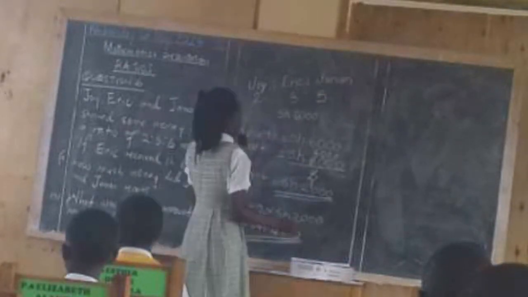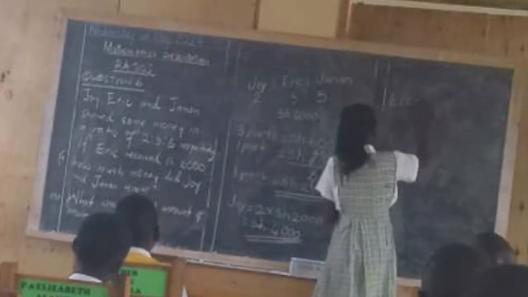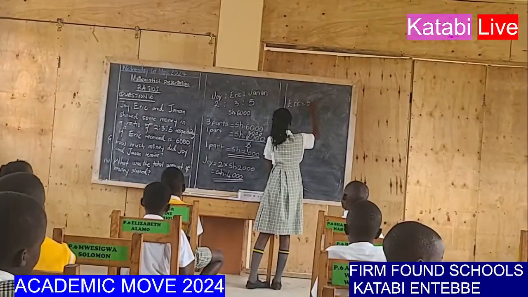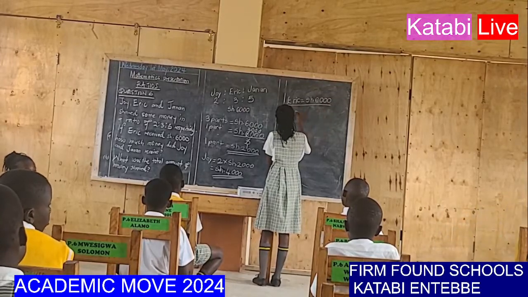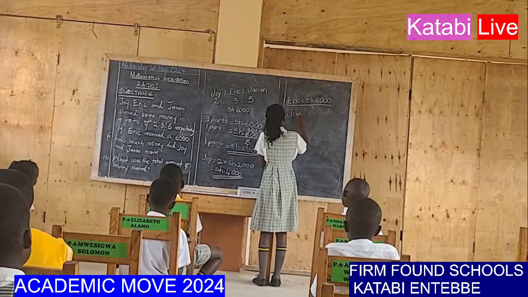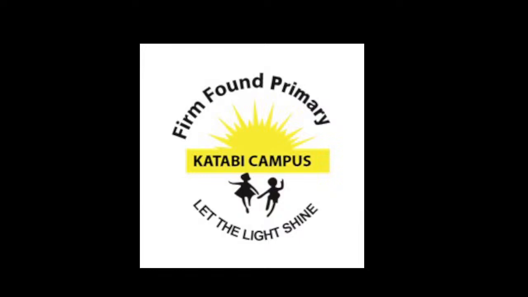Then, since we already know Eric, we'll just write Eric is equal to 6,000 shillings. Then Janan, we're going to say 5 times 2,000. What's 5 times 2? 10. Then we add the 3 zeros.